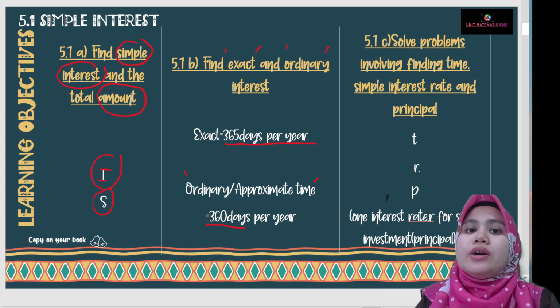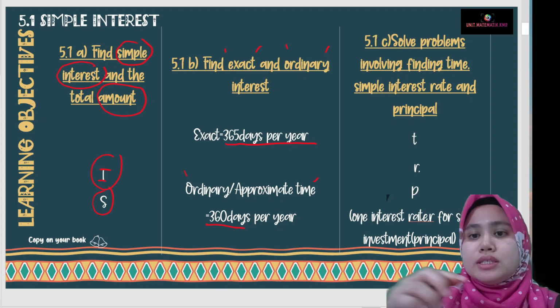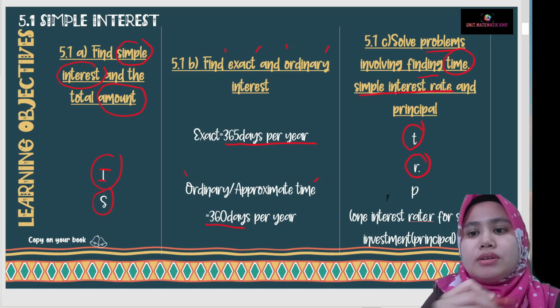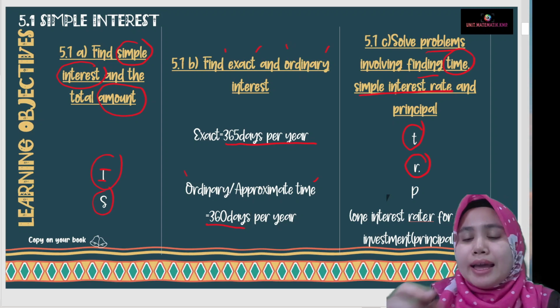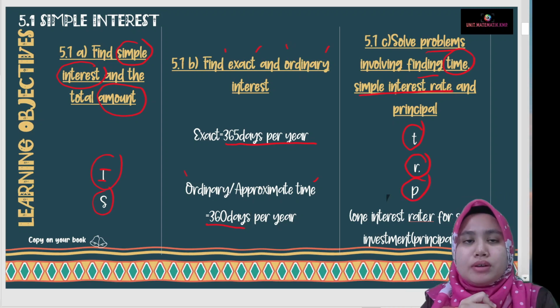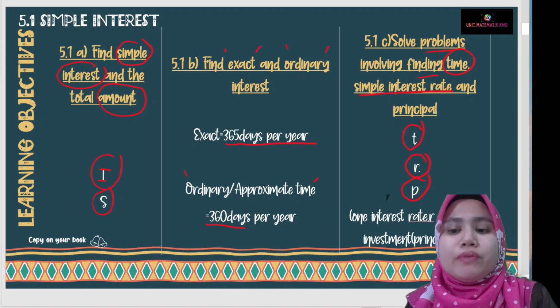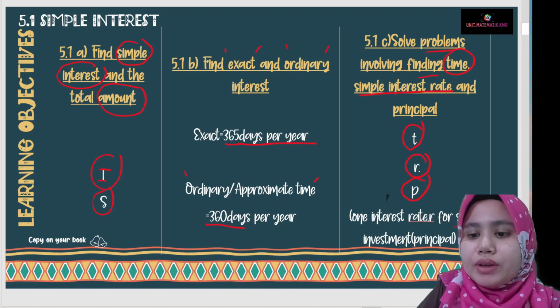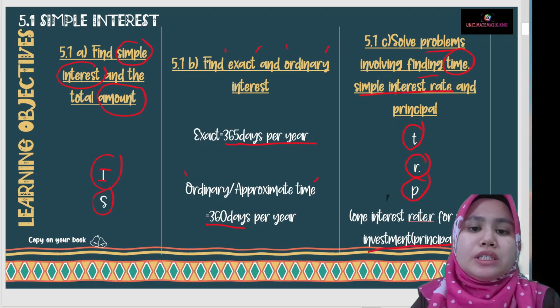Our last learning objective is you should be able to solve problems finding time, simple interest rate, small r, and principal. These problems will involve only one interest rate for the same investment or principal P.